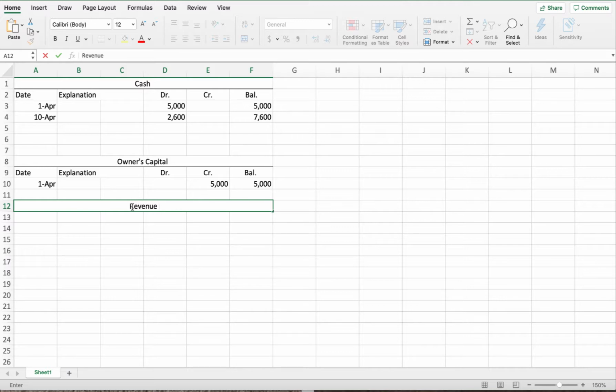Now, ideally, I would be doing my journal entries first and then posting them to the ledger. We do that for a number of reasons. Number one is it lets us know if we make any mistakes. It shows us both sides of the transaction.